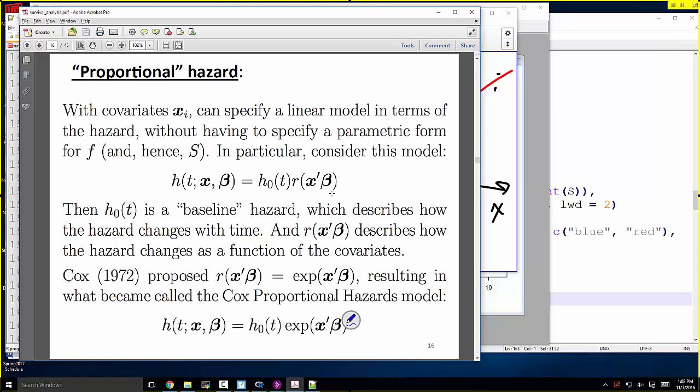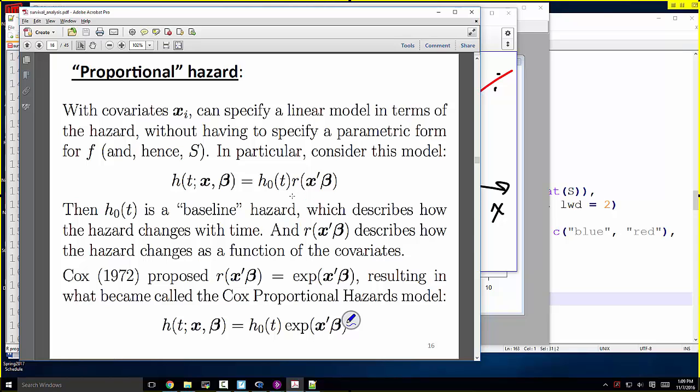Here's how we work with it. We're going to say that for an individual with covariates given by x_i, that's a vector, so that could be individual i's dosage of the drug, age, gender, race, all the covariates for an individual, the hazard at time t is going to be modeled this way.